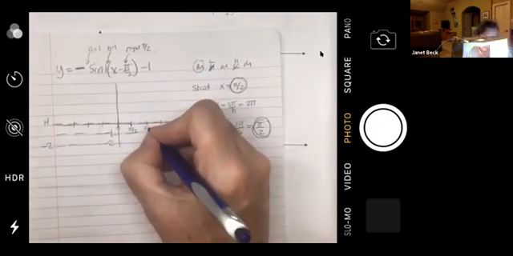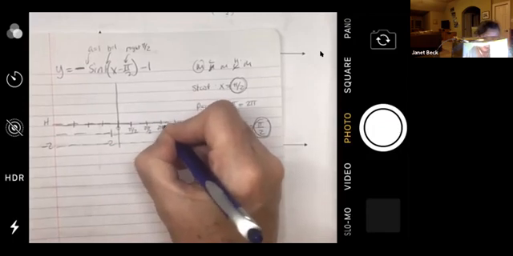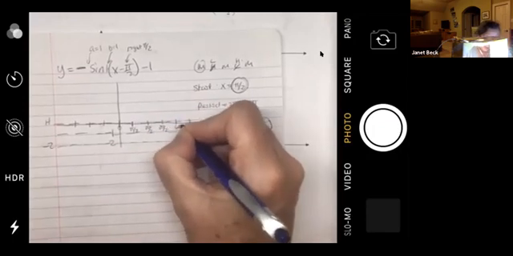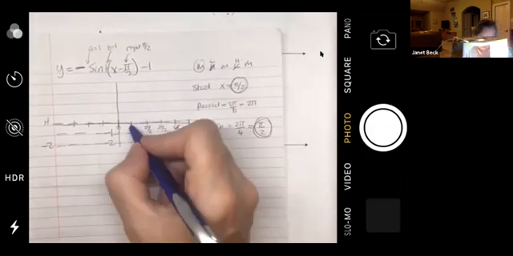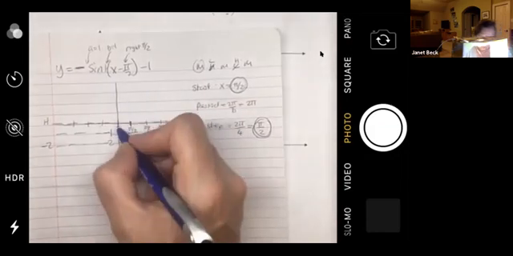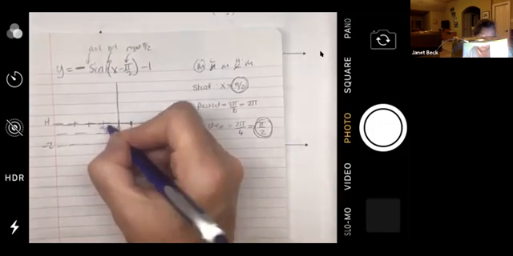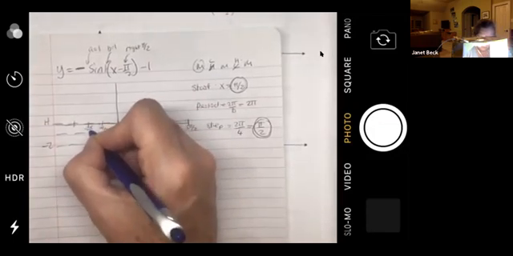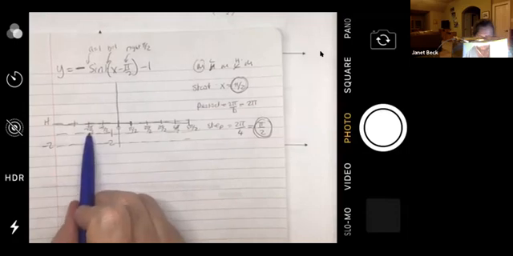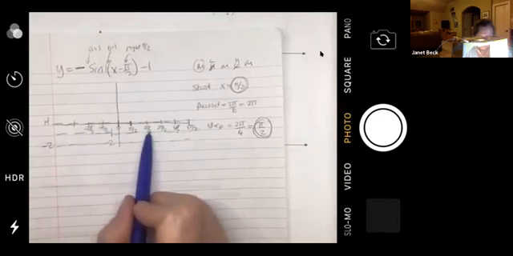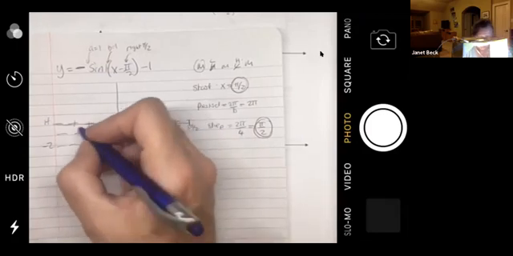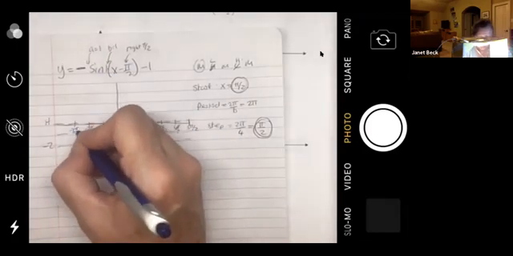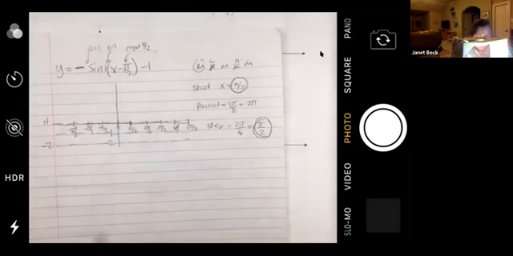Now I'm going to have 2 pi by 2, 3 pi by 2, 4 pi by 2, 5 pi by 2. This was our starting one. 0, minus 1 pi by 2, minus 2 pi by 2. I could have just written minus pi there, plus pi there, 2 pi there. But I'm leaving them all with the same denominator. Minus 3 pi by 2. And that was 4 steps backwards.